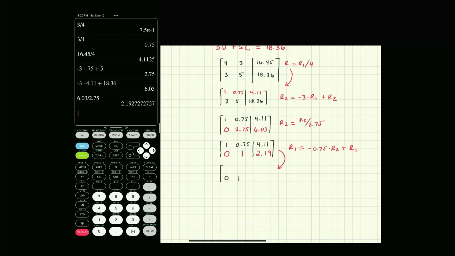Row 2 is finished. Negative 0.75 times 0 is 0, and 0 plus 1 is 1. Negative 0.75 times 1 is negative 0.75, and negative 0.75 plus 0.75 is 0. And then negative 0.75 times 219 plus 411.